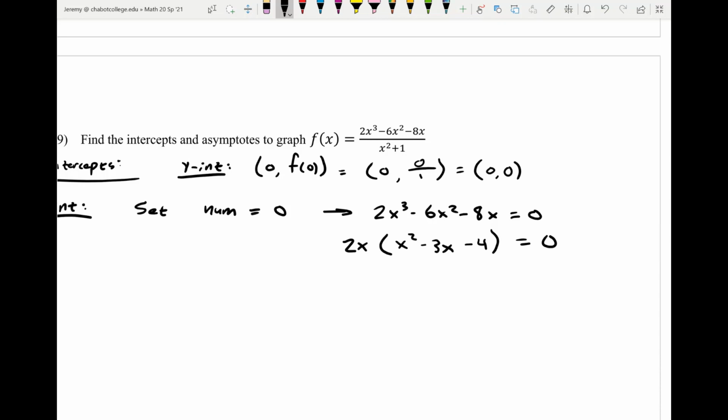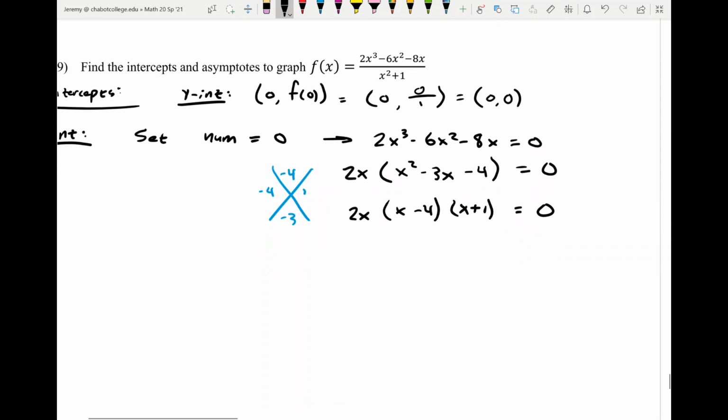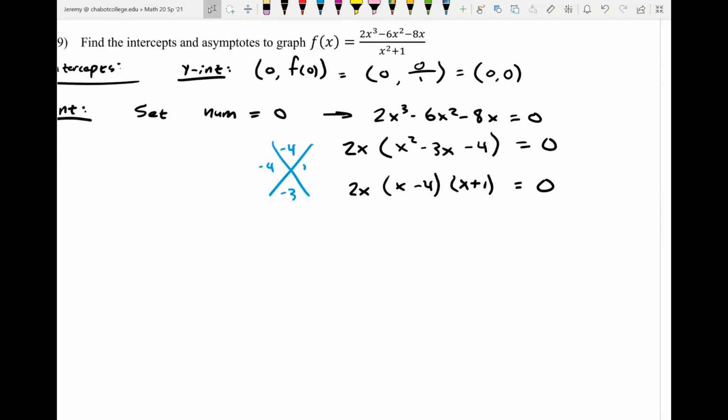And this quadratic here, I can ask: what two numbers multiply to negative 4 and add to negative 3? Maybe negative 4 and 1. That means this factors to x minus 4 times x plus 1 equals 0. And check it out, if any of these factors equals 0, the whole thing equals 0.